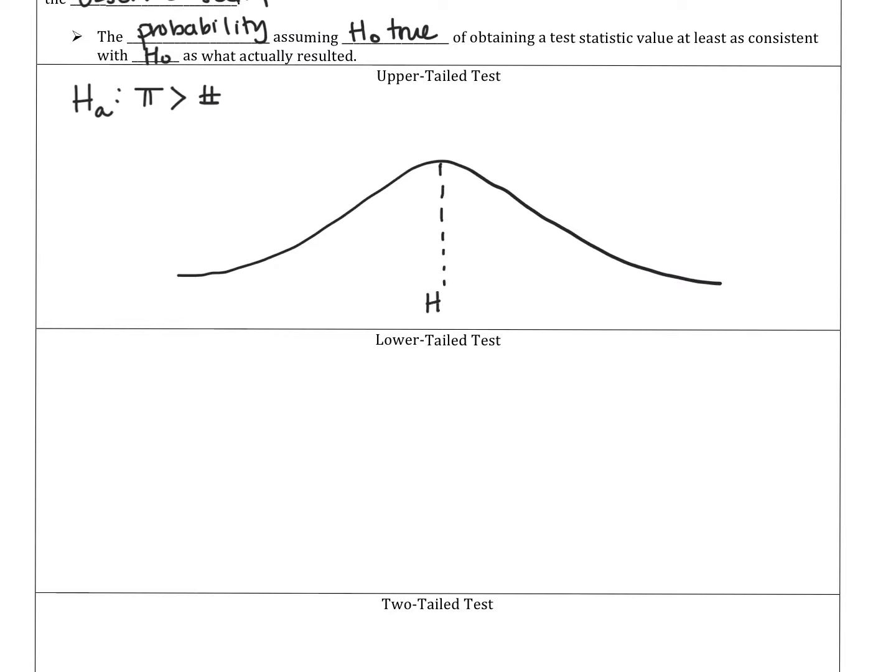We call a test an upper tail test if the alternate hypothesis is that pi is greater than the hypothesized value, or the null. So what we've got going on here is a curve centered at the null hypothesis, and in the upper tail we have designated an area of possible error. That's where alpha exists.